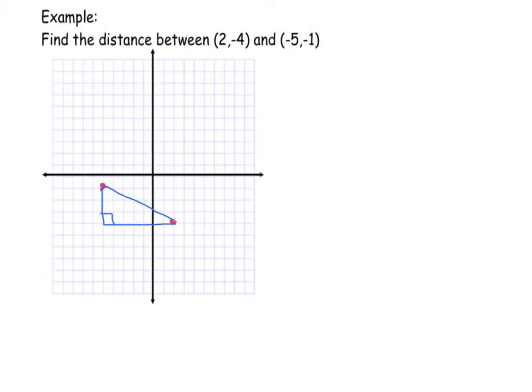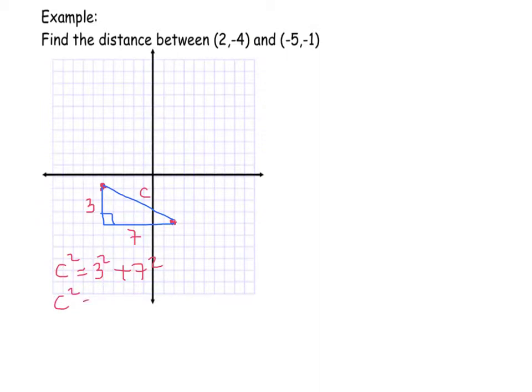And now we are going to use the Pythagorean theorem to find the length of the hypotenuse, or the distance between the 2 points. So I'm going to first find the vertical distance, which is 3 units, and my horizontal distance, which is 7 units. So if I want to find c, which is the hypotenuse, c squared will equal 3 squared plus 7 squared.